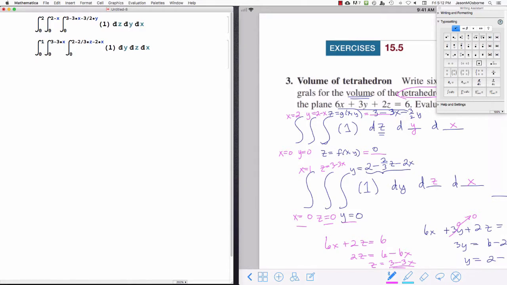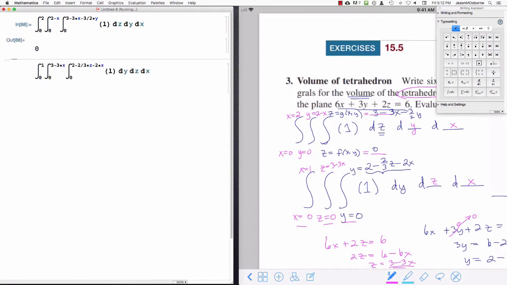Okay, and let's run these two integrals, and let's see that you will get 2 minus x. They should give the same answer.